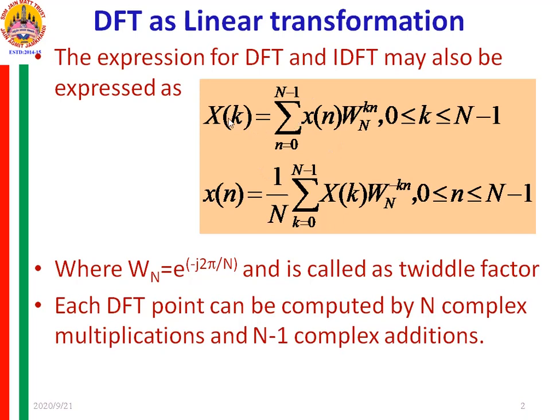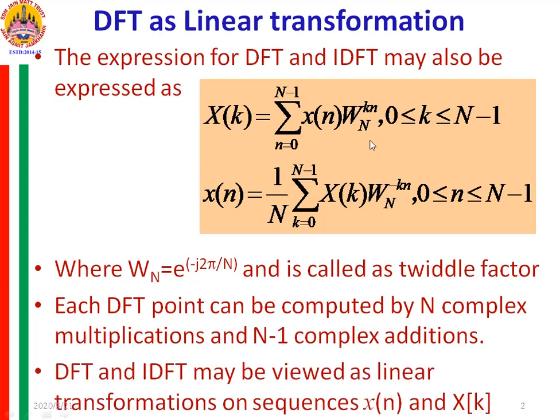Then I get one linear equation in terms of this W. Likewise, if I am computing total N DFT points, we get N linear equations in terms of this twiddle factor W.